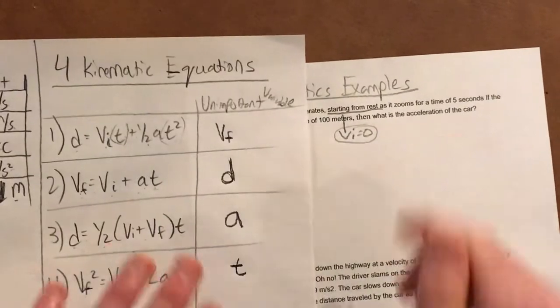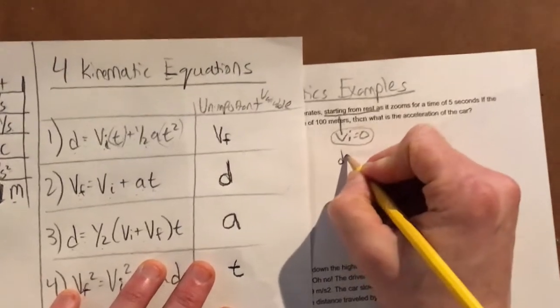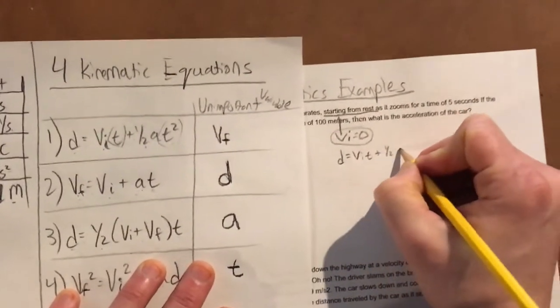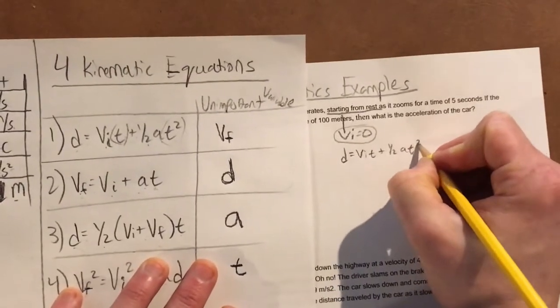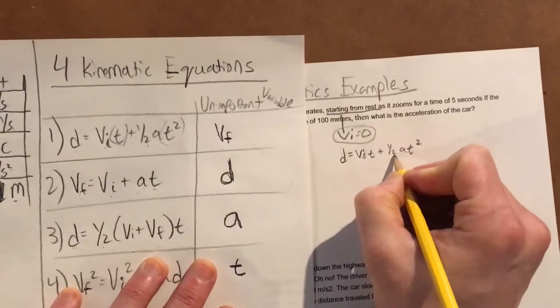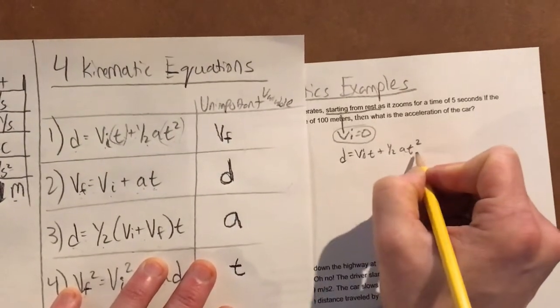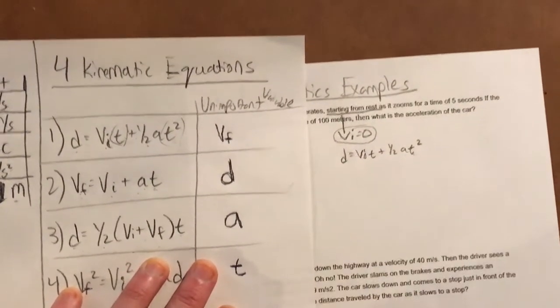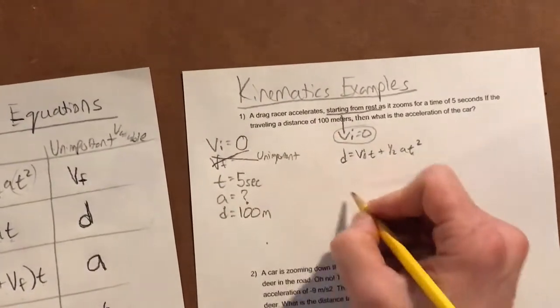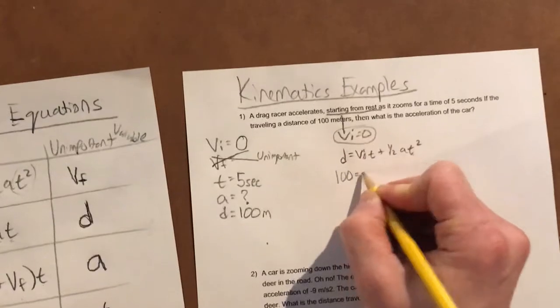Okay, so I'm going to copy that equation down. D equals VI T plus a half AT squared. That's VI times T plus a half times A times just T squared. The squared just applies to the T. Okay? And I'm going to plug in the numbers from our list now. So D is 100.